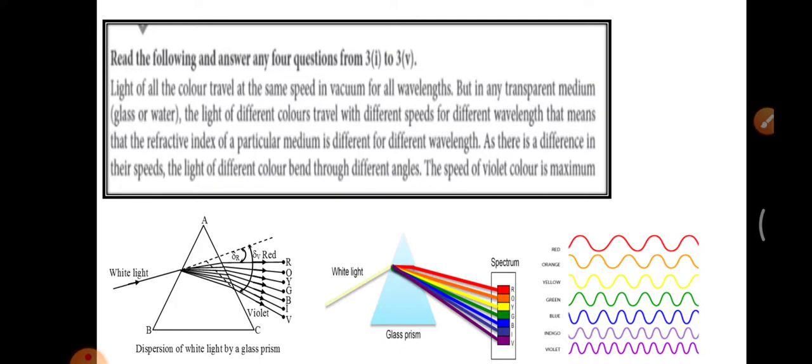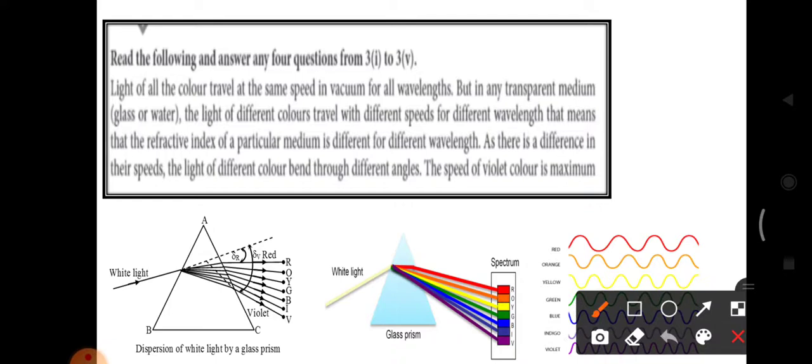But in any transparent medium, that means if you take a glass prism, it is a transparent medium, the light of different colors travels with different speed for different wavelength. That means the refractive index of a particular medium is different for different wavelengths. So when the light travels into the medium, it travels at a different speed and it makes a different angle because the refractive index of the medium is different.